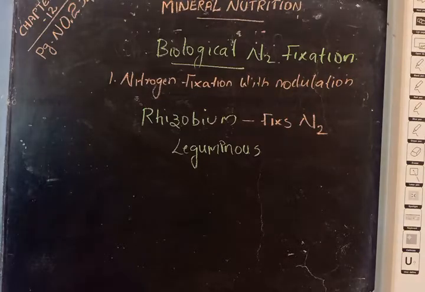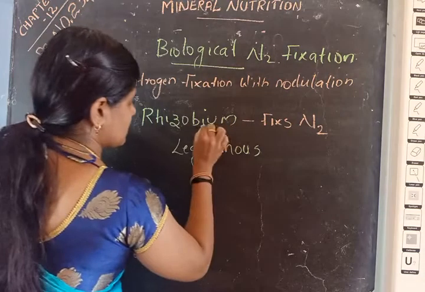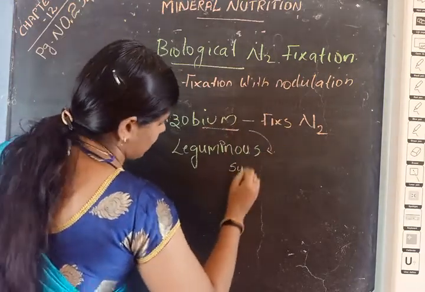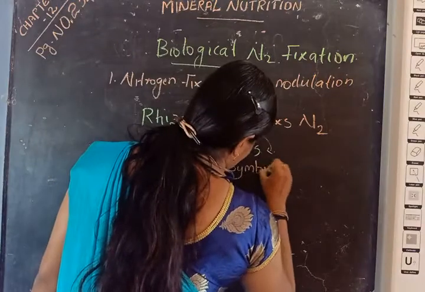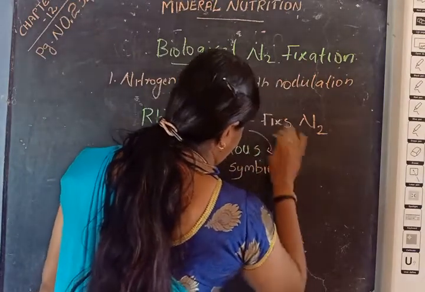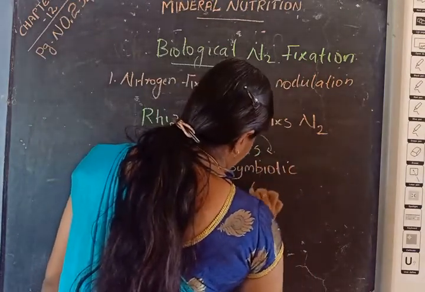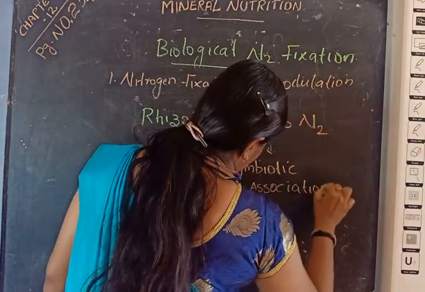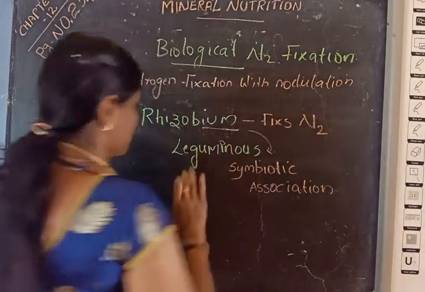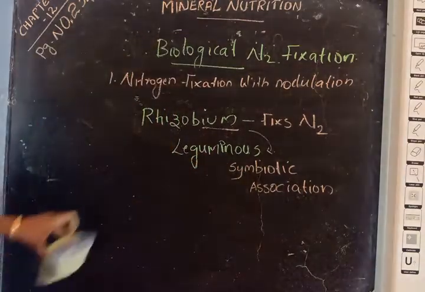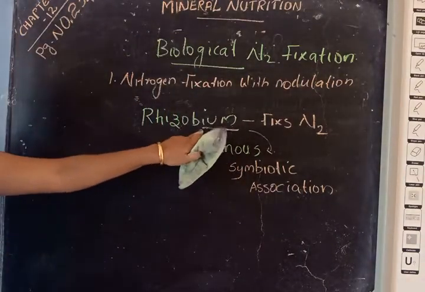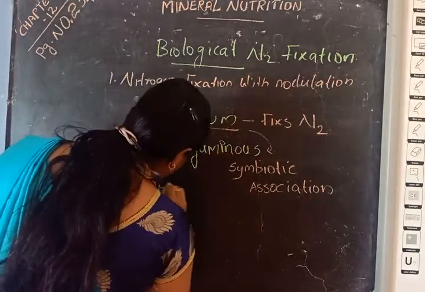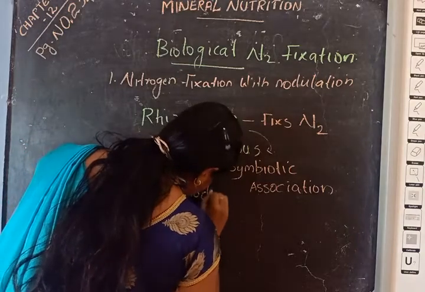So, the symbiotic association of Rhizobium with the plant is a symbiotic association. Symbiotic association means an association which is favorable to both bacterium and plant, that is, host and bacteria get equal benefits. So, the symbiotic association between Rhizobium and legumes is the reason for the formation of root nodules.